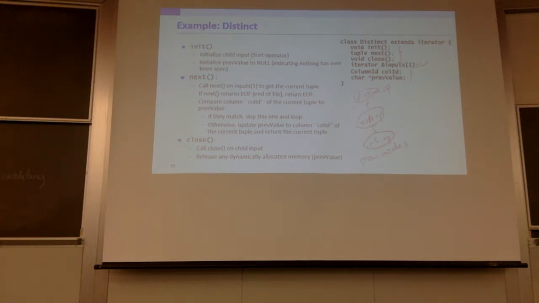Then, when you are initializing everything, you directly map each of the nodes into an iterator and establish your links through the input. So for here, you can do that from bottom up. From the heap scan operator, you create a heap scan iterator. These are the iterators.